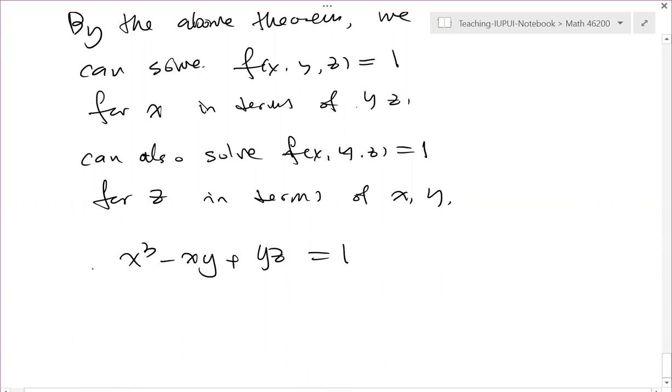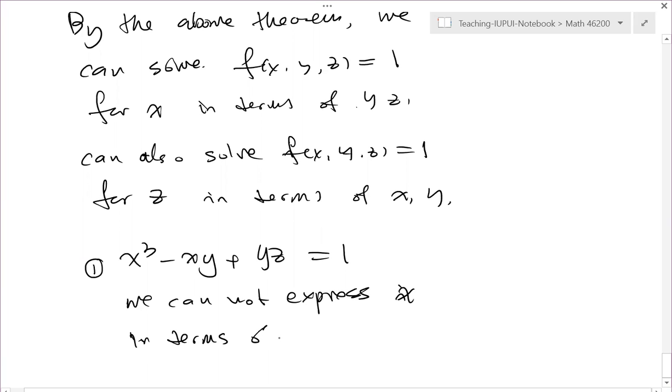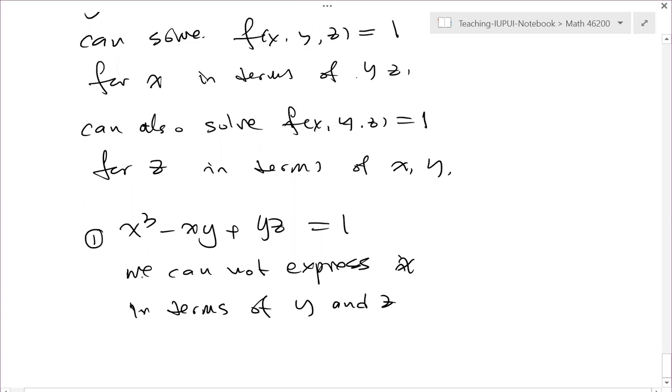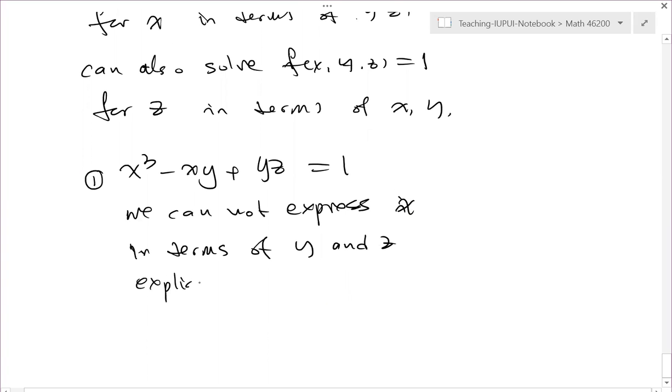There's a theorem guaranteeing the solution exists, but we cannot express x in terms of y and z explicitly, just because it's a polynomial of degree 3, I don't have a formula.